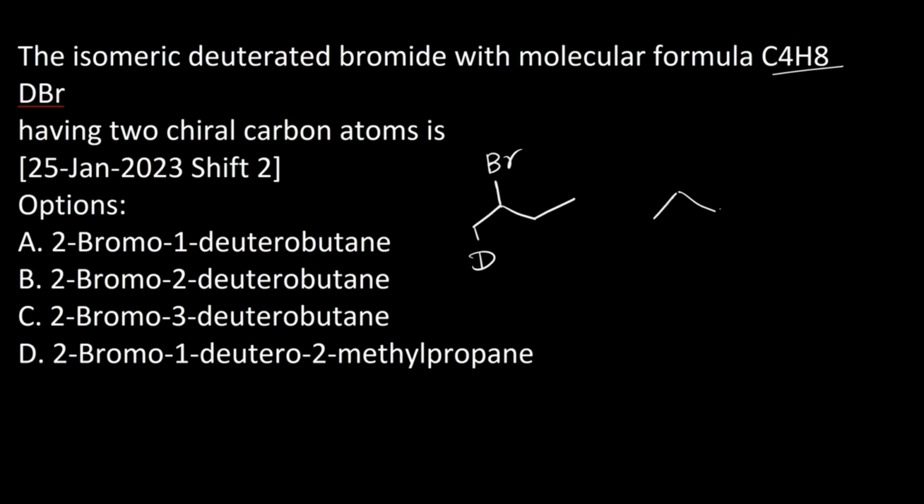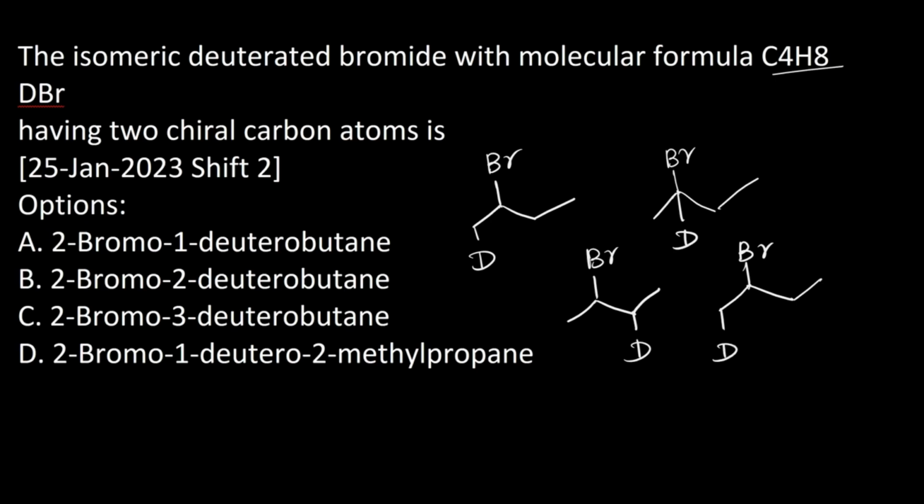The second one is 2 bromo, 2 deutero butane, and the third one is 2 bromo, 3 deutero. The fourth one, 2 bromo, 1 deutero, 2 methyl propane.